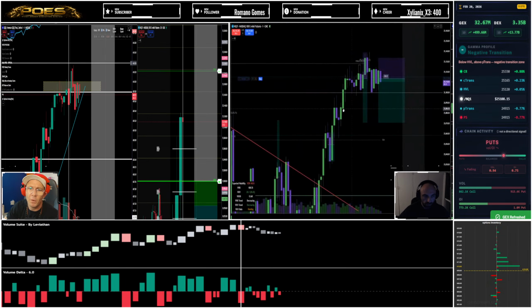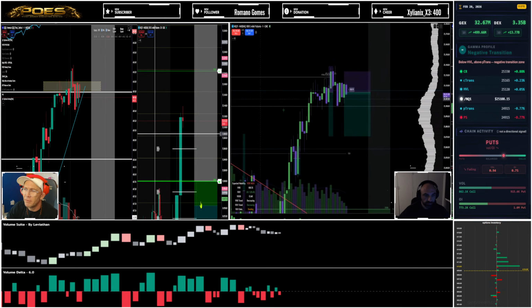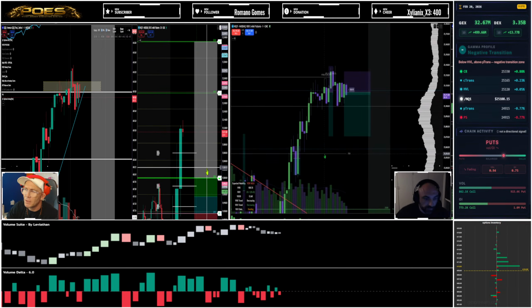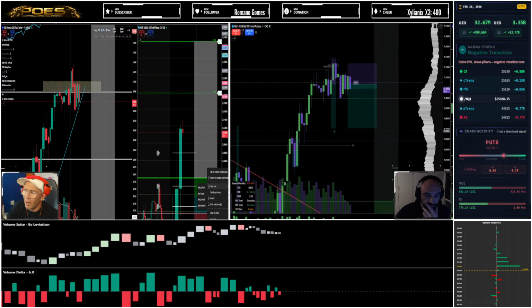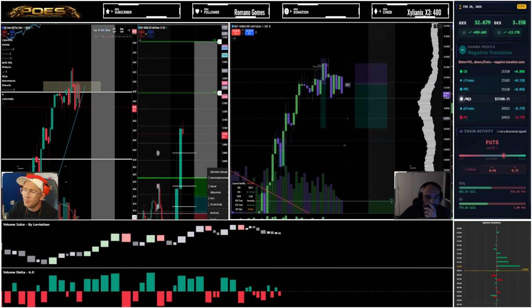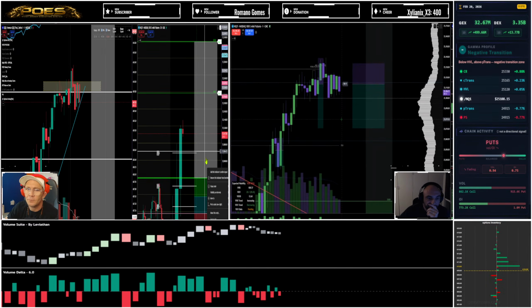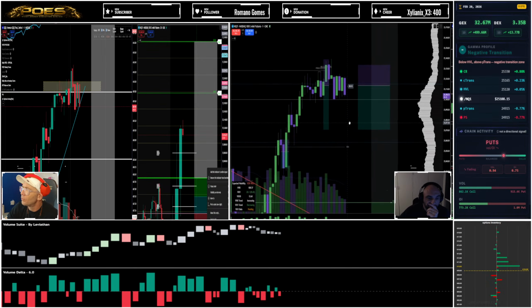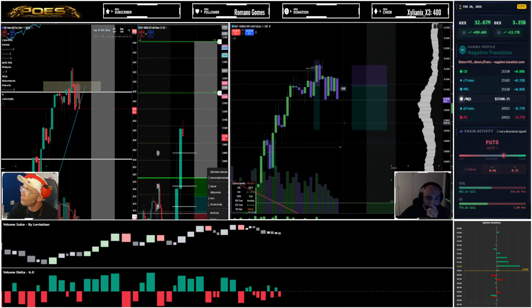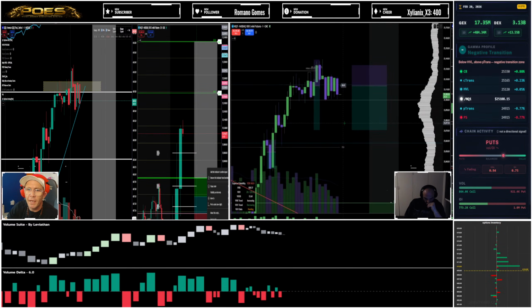So this is the flip point here in positive and negative gamma. Ballsy range.